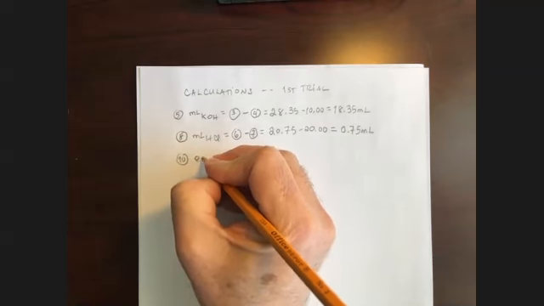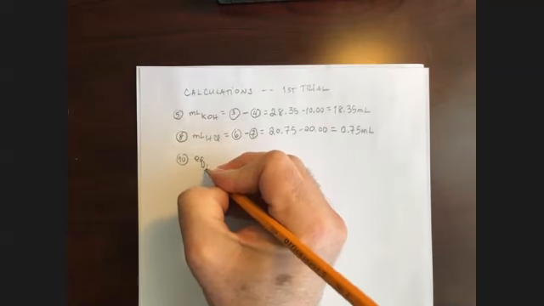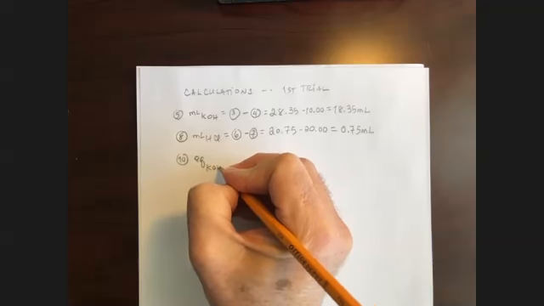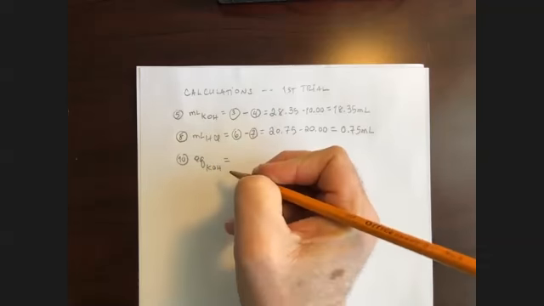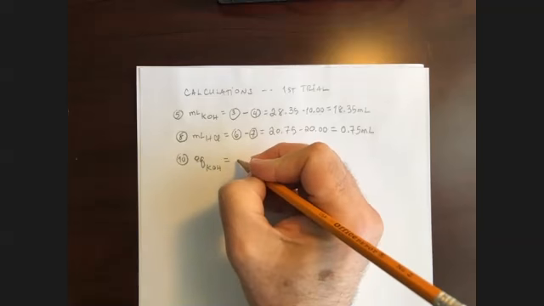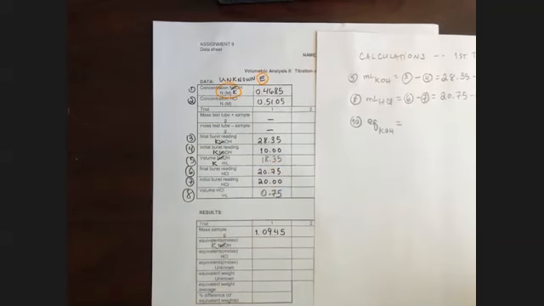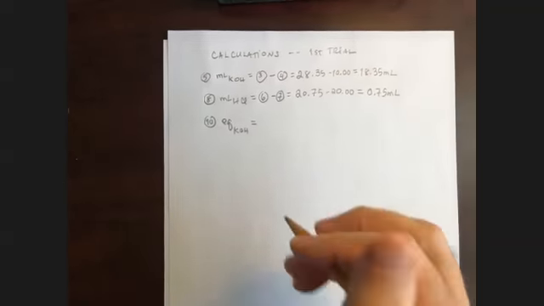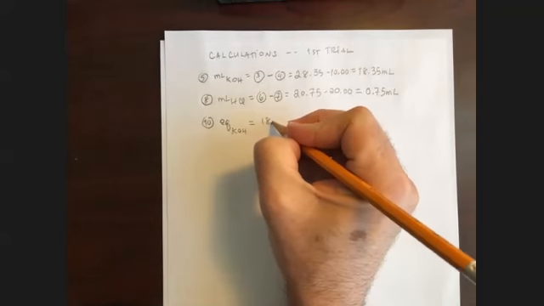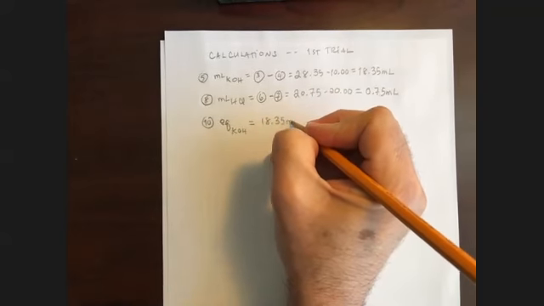How many equivalents of KOH were neutralized in total? According to our data, our student took 18.35 mLs total. So we're going to put that in here, 18.35 mLs.